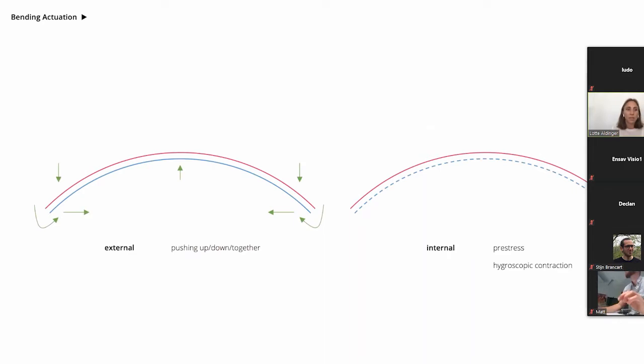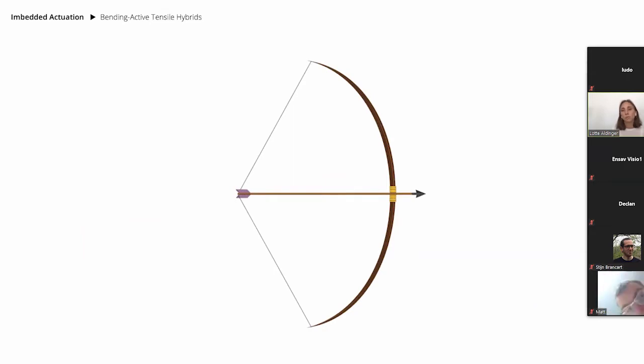And this can be induced and actuated either externally by pushing up, down, or together, or internally through a pre-stress, which generates this contraction, or a hygroscopic contraction. And if we integrate both of them, in the internal actuation, we can have this self-contained system where we shortcut the forces, thus reduce the support forces and free the edges.